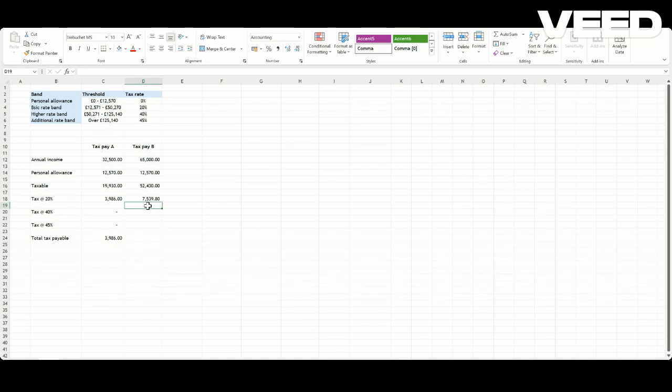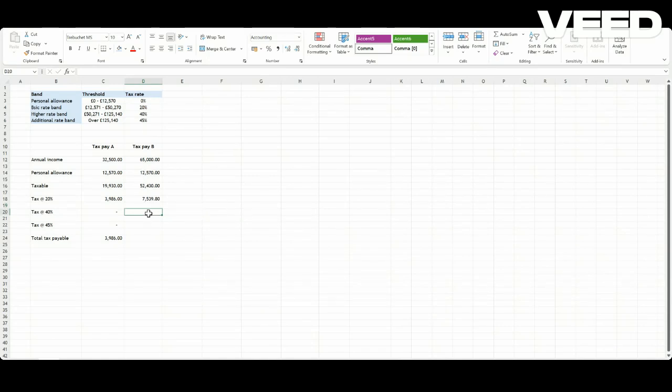But taxpayer B falls within the higher tax rate. We do not tax the total 65,000 at 40%, but we take the additional income from 50,000 to 125,000 to be taxed at 40%.